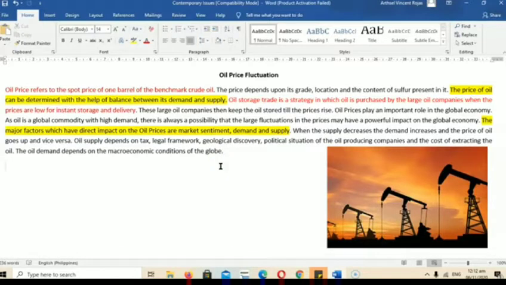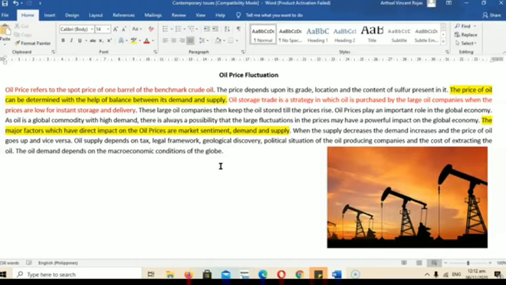Again, there are two types. When we say oil price hike, it goes up, or oil price increase. When we say oil price rollback, the prices of oil will go down or will decrease.